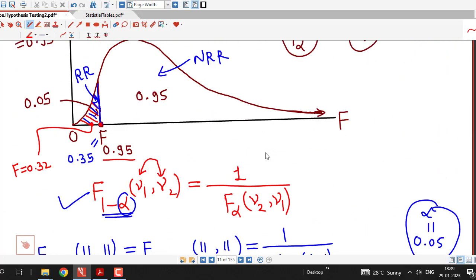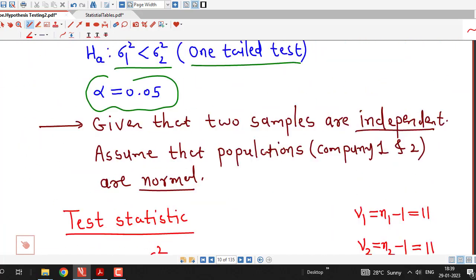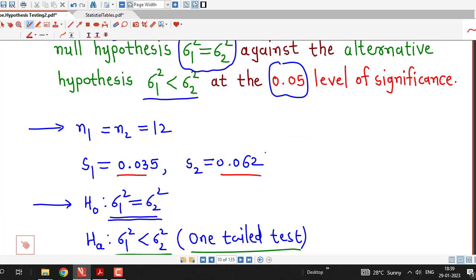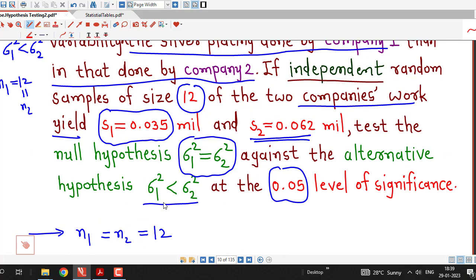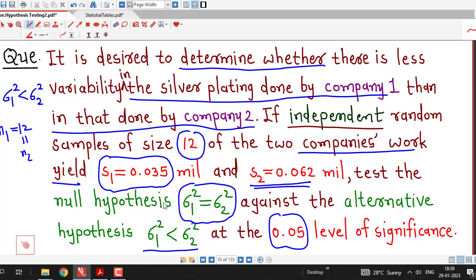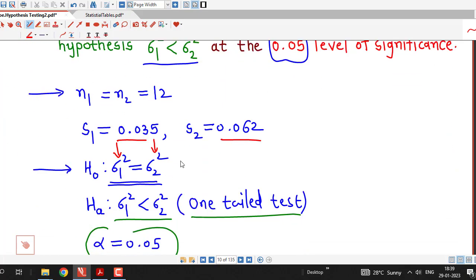And what is the null hypothesis? The null hypothesis says that the variability in the silver plating done by both companies is the same, but we reject this null hypothesis. The conclusion is that we are rejecting the null hypothesis.